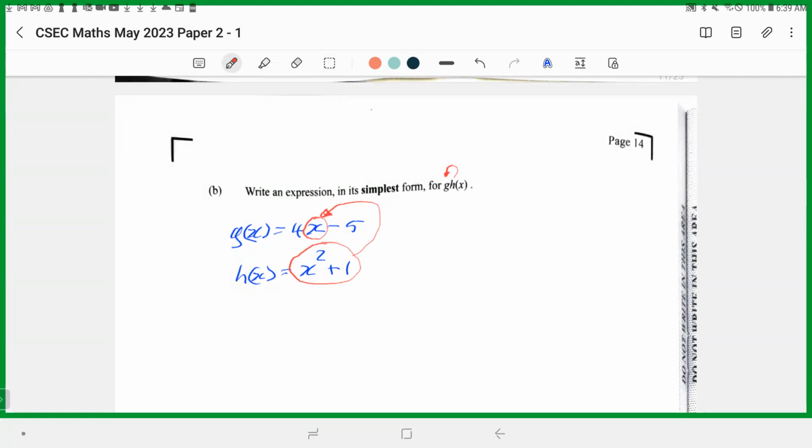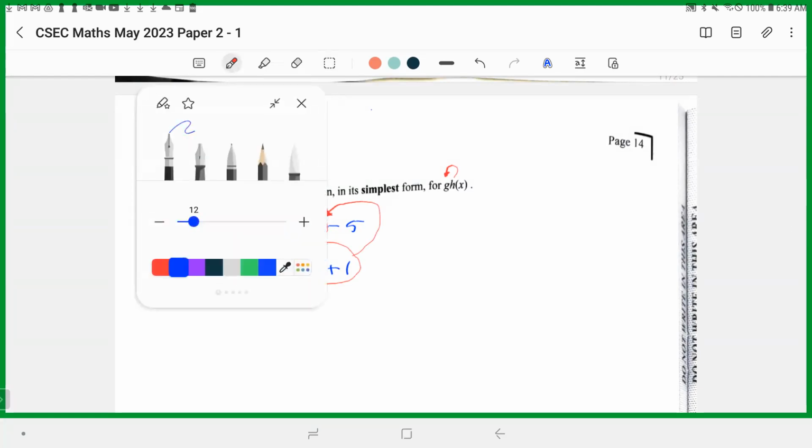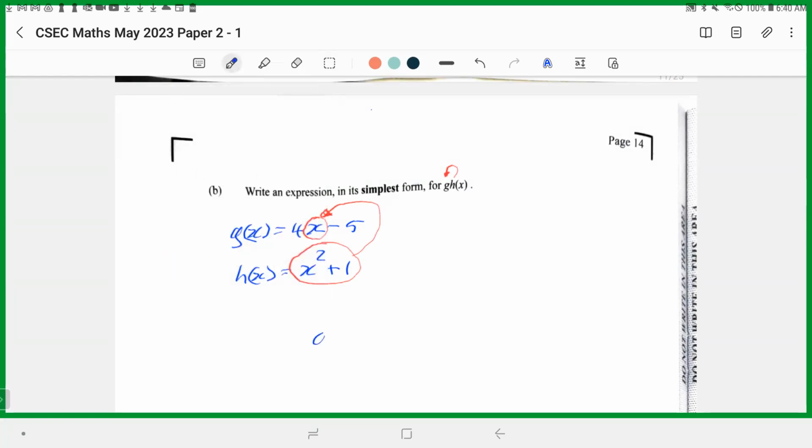You put h into the g. So we can do that construct and write g of h of x equals h into g. So you put back the 4, where the x is, you put the x squared plus 1. And you put back the minus 5. So where that x was up here in the g, we have placed all of h there.